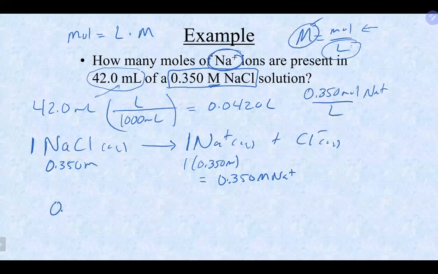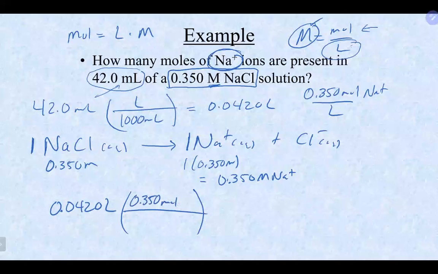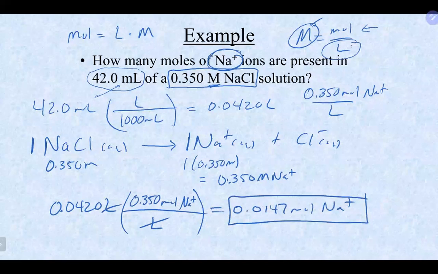So we'll take our volume, 0.042 liters, and use our molarity like a conversion factor with 0.350 moles of sodium ions per liter. Liters will cancel and will get us 0.0147 moles of the sodium ion. Any questions on that calculation?